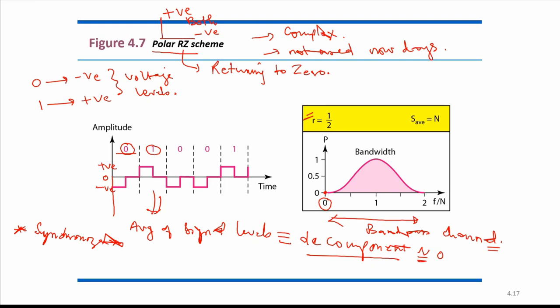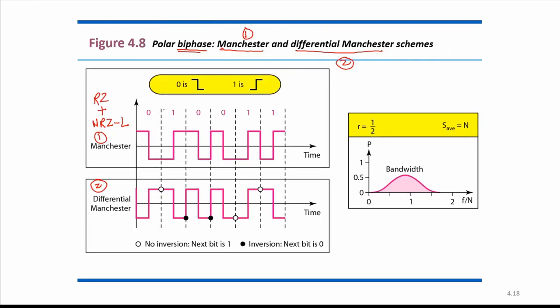So this polar RZ has synchronization. The same way, this Manchester is going to have the advantage of synchronization, as well as the DC component being 0. So no DC component, and synchronization is there. In terms of average signal rate, it is basically N. In terms of bandwidth, you can just see, here the bandwidth is somewhat less.